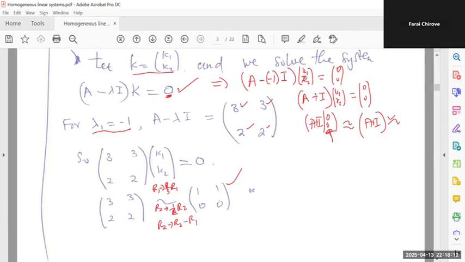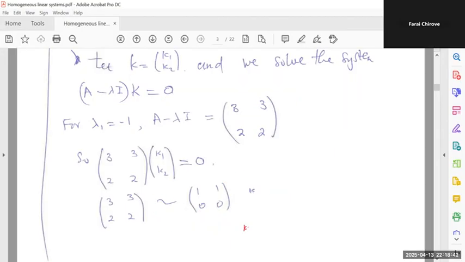So what it means is one of the variables K1 and K2 is arbitrary. But because the zero row is on the second row, we say K2 is arbitrary. In other words, we can say K2 is equal to some other parameter R. But on the first row, we now have K1 is equal to minus K2.